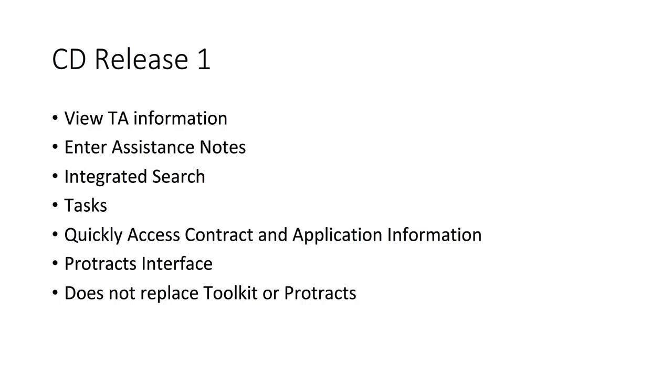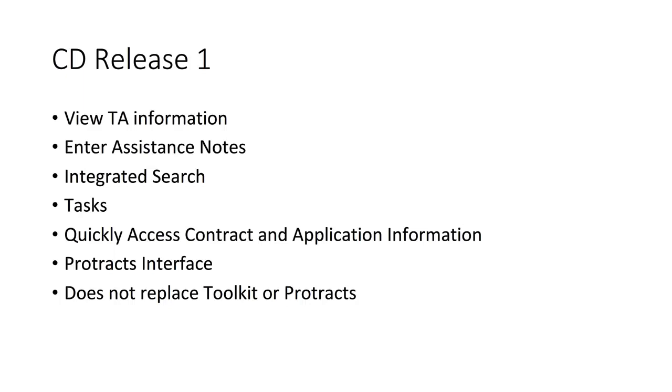To summarize, Release 1 of Conservation Desktop will allow the user to more quickly view technical assistance or toolkit information such as land units and practice schedules, which will be especially beneficial for non-toolkit users.